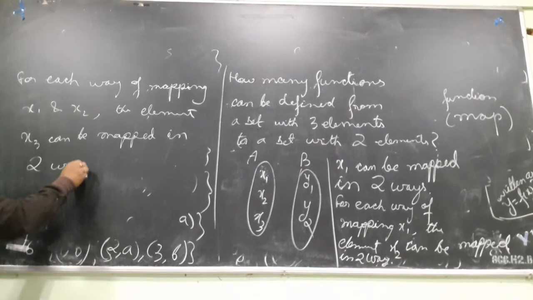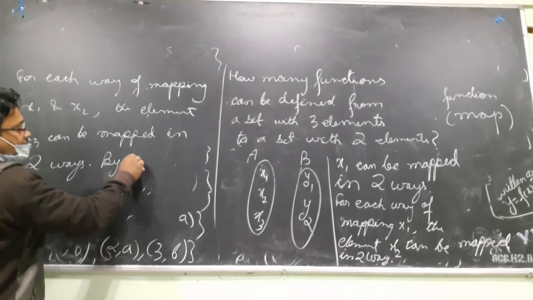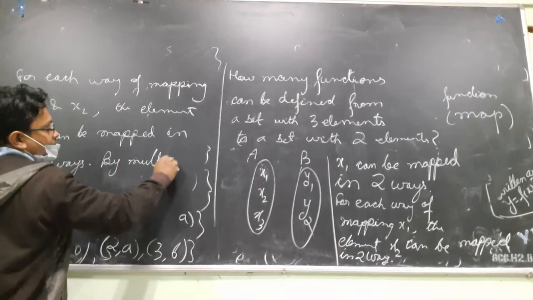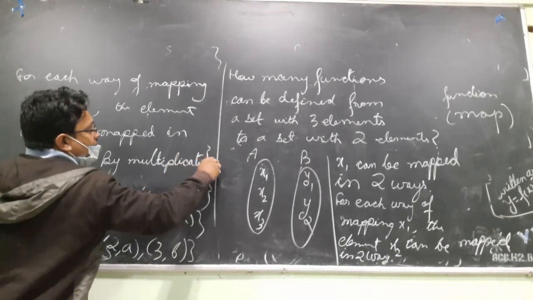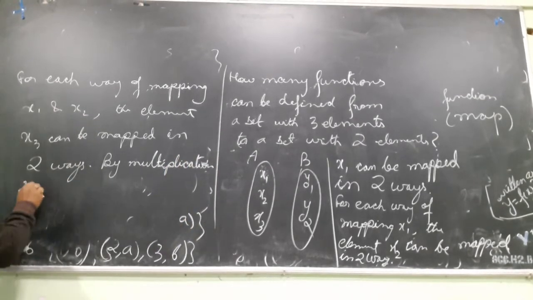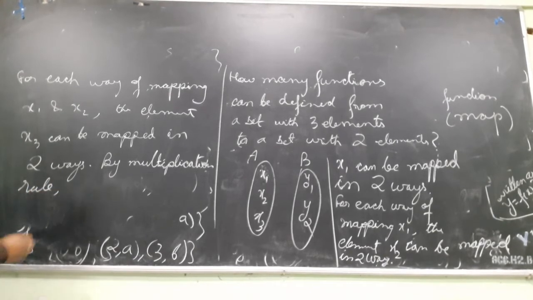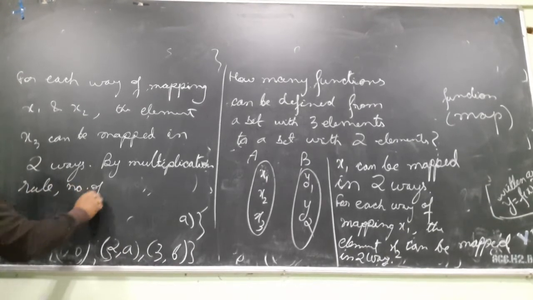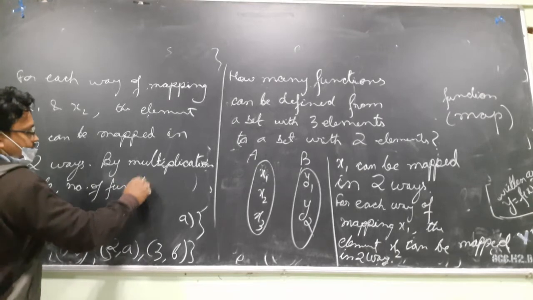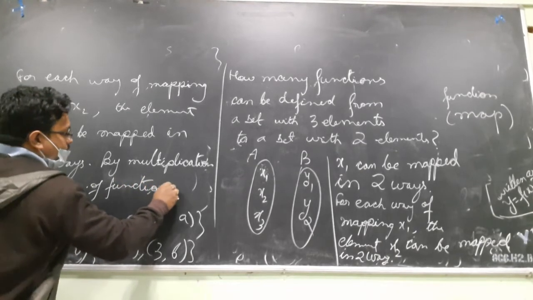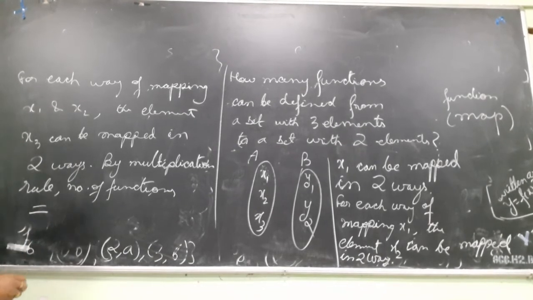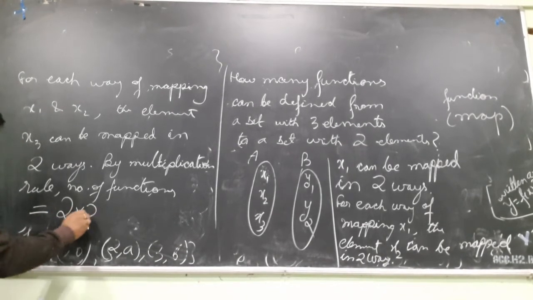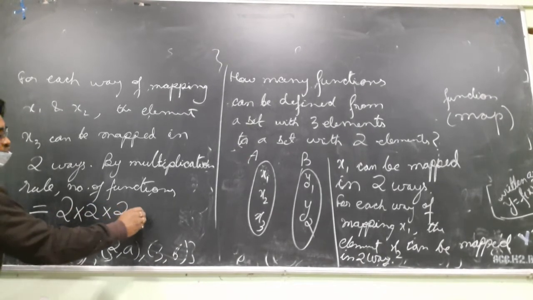So by the multiplication rule of counting, the number of functions is exactly equal to 2 multiplied with 2 multiplied with 2, that is 2 cube.